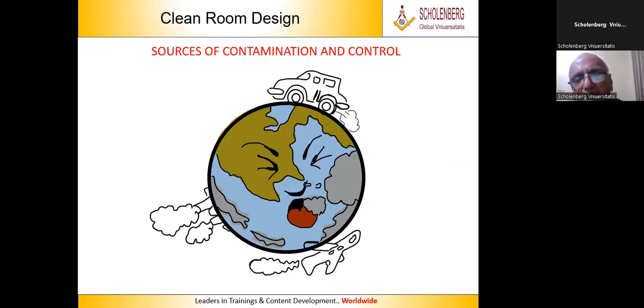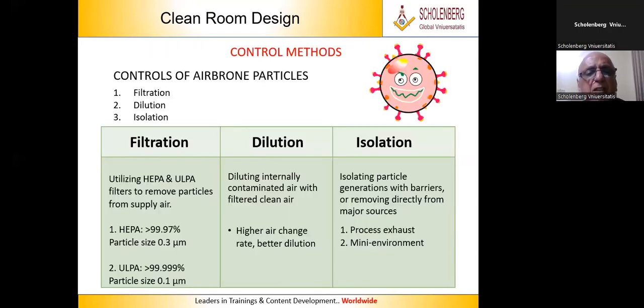Now we come. Okay. Now there are two sources of contamination, one external source and one internal source. Now, how do you control them? Filtration, dilution, isolation.